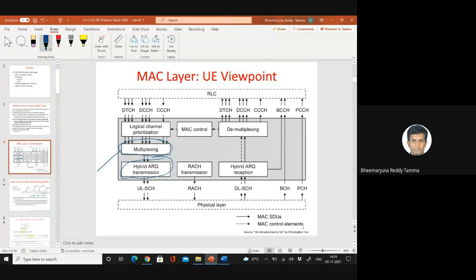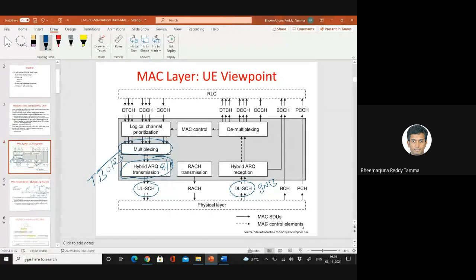Here we have the transport blocks, transport block 0, 1, 2, and so on, and they are fed as input to the hybrid ARQ transmission. So you decide, let's say, to have 8 processes or 16 processes or whatever it is. These are configurable. Then these processes take the data from the transport blocks, which are nothing but MAC packets, and send it using the uplink shared channel. If it is downlink, they use the downlink shared channel. In this case, it is by the base station.